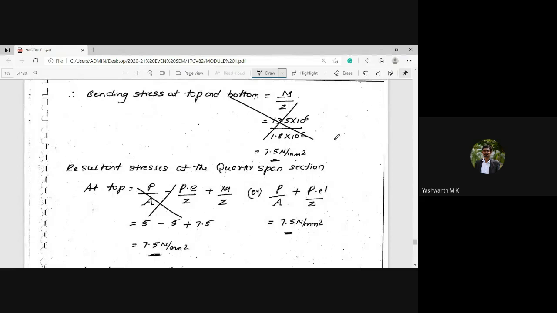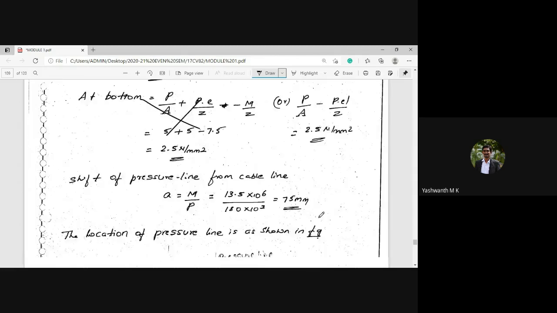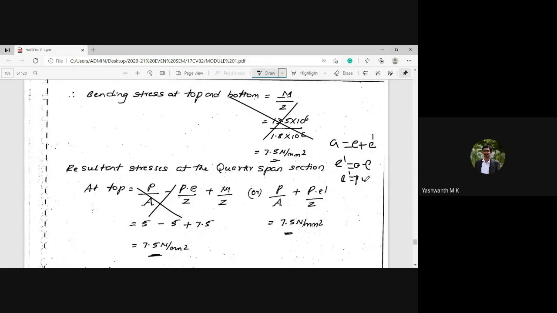First calculate the E dash because we want E dash. How to calculate E dash? We know the formula. At this particular point the value is 75. 75 minus eccentricity 50, so E dash is equal to 25 millimeter.